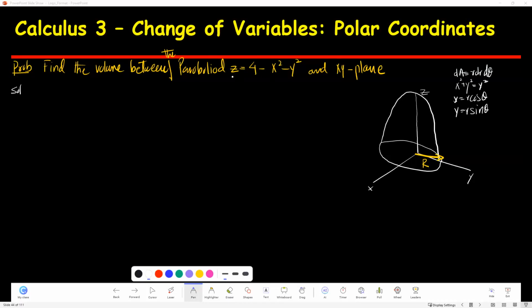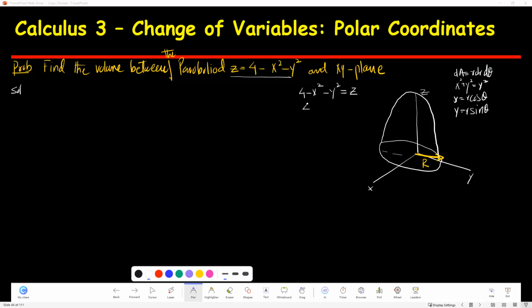In our problem, the equation is given like this. So I'm going to be writing here 4 minus x squared minus y squared equals to z. When z has two values, z equals to 0 here, and the other value I need to find out for the z.